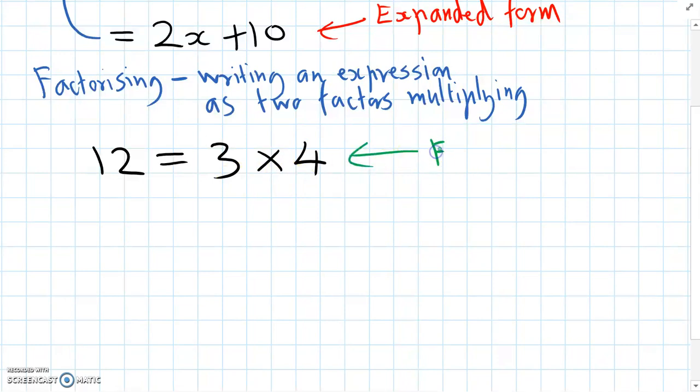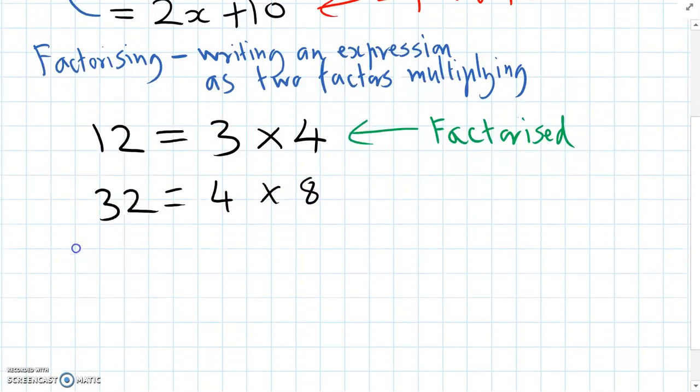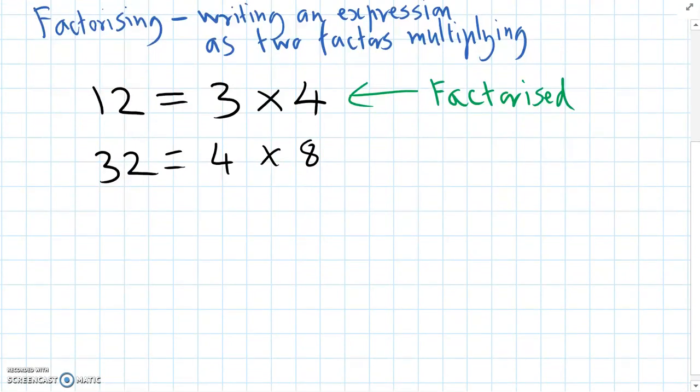So written as 3 times 4, we've factorized 12. If we want to factorize 32, we can write that as 4 times 8. So when we're factorizing anything, we're just writing it as 2 factors, 2 numbers multiplying together.